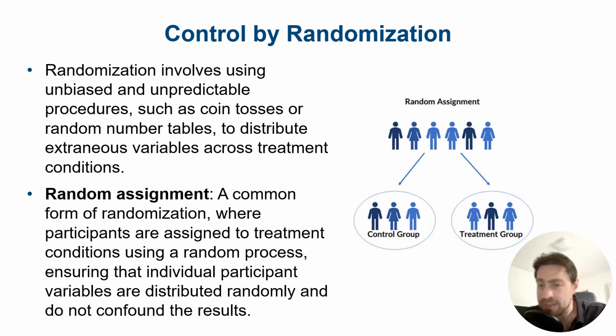Random assignment, however, is when you already have your sample and you randomly assign the people in your sample to the different treatment conditions in your experiment. And if your sample is large enough, then most of the time your conditions will end up being fairly similar on average if you assign people randomly to those conditions.